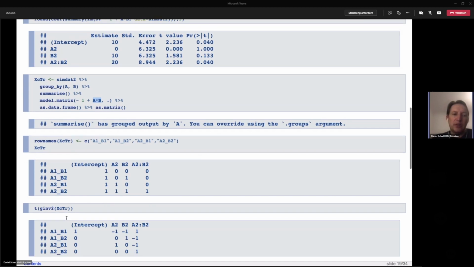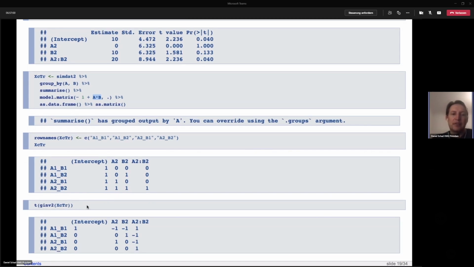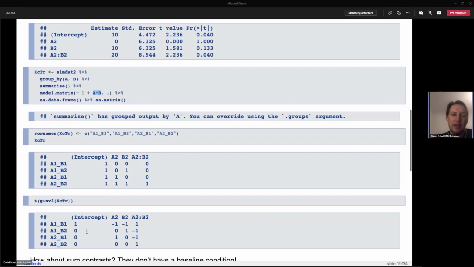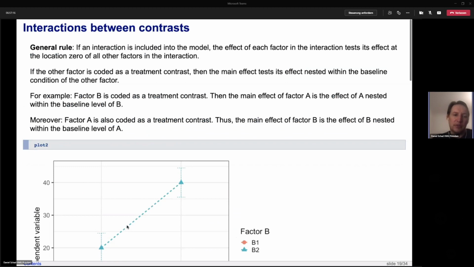And what we can do now is compute the generalized inverse of that. This gives us, from the contrast matrix, the hypotheses that are tested by this contrast matrix. And we can see the intercept tests the average of A1 and B1. That's the X1 cell.